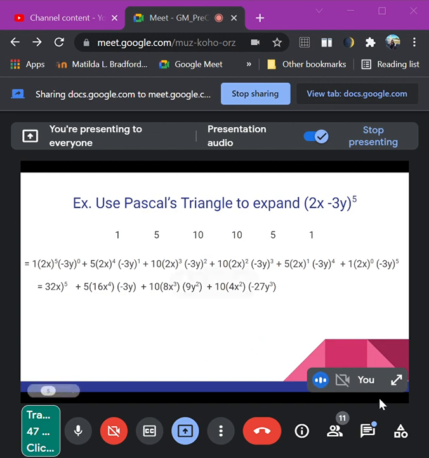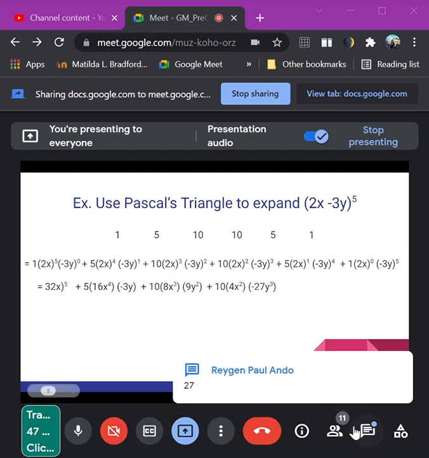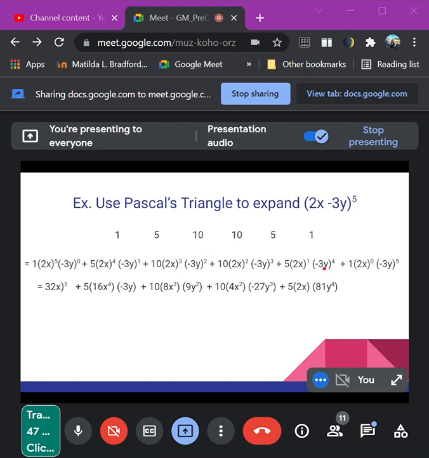Okay, that is 81. So, you have there negative 3 times 3, 9, times negative 3, that is negative 27, times negative 3, that is positive 81. And then y raised to the power of 4.